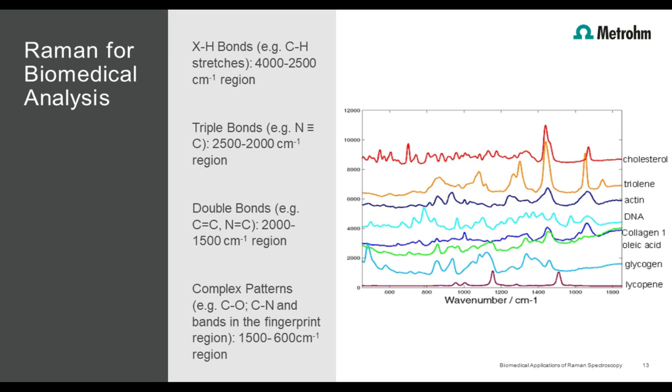Double bonds, however, are very important in things like lipids, and those would be found from 1,500 to 2,000. And then from 600 to 1,500, we have kind of our fingerprint region where we really get the complex patterns that we can use as kind of an identifier for our specific molecule that we're looking at.